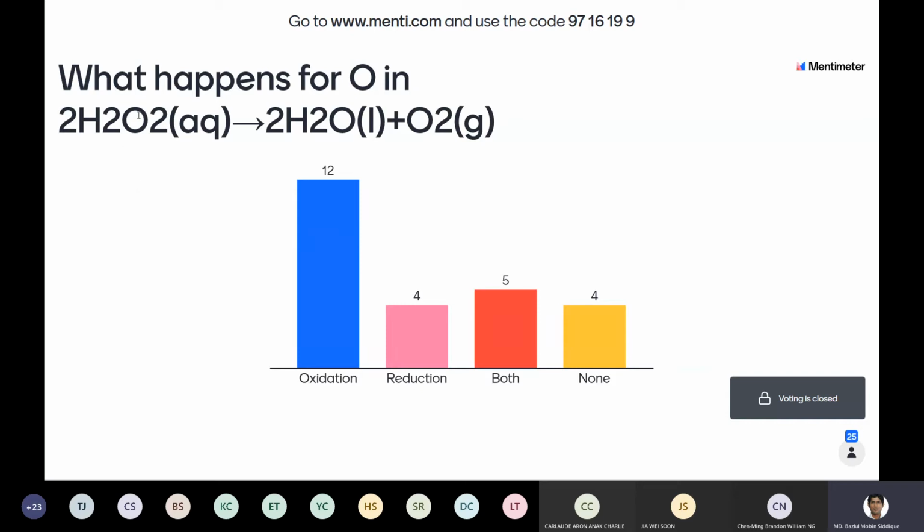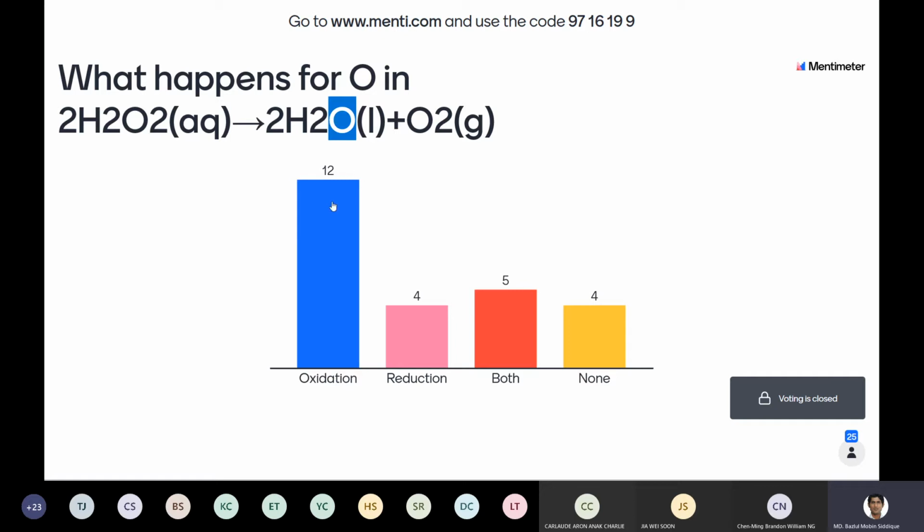In this case, from -1, it is going to -2, and also it is going to 0. From -1 to go to -2, it has to take one more electron, right? Only then will it become -2 charge.